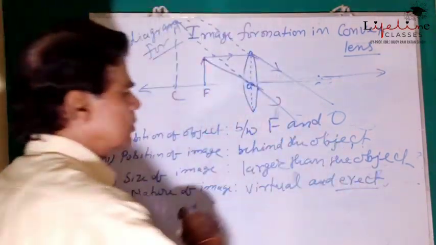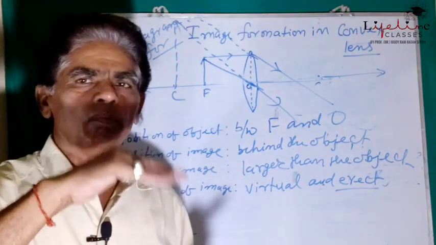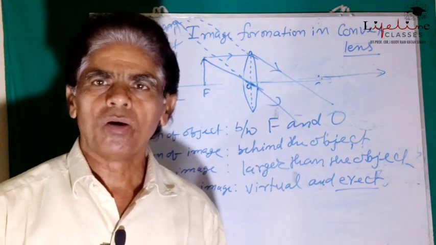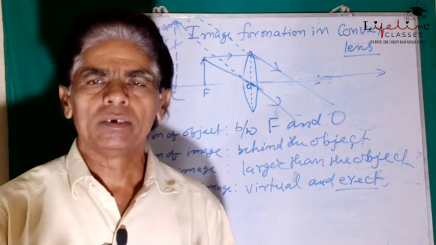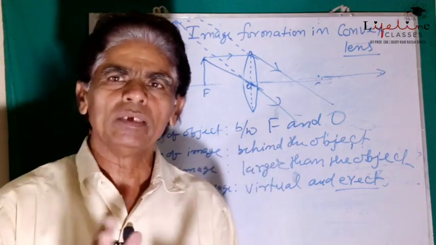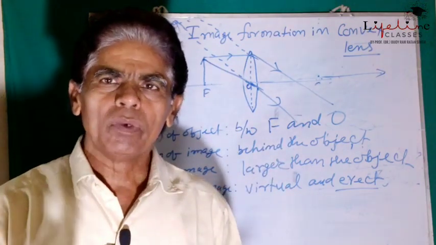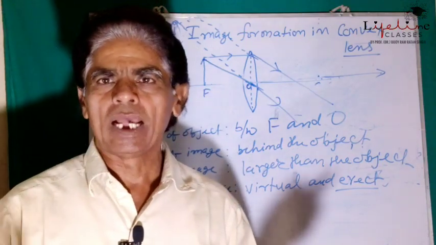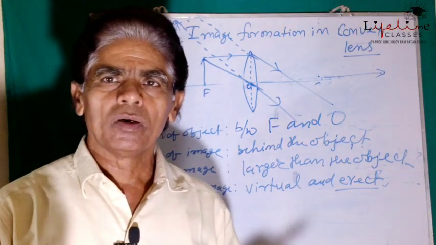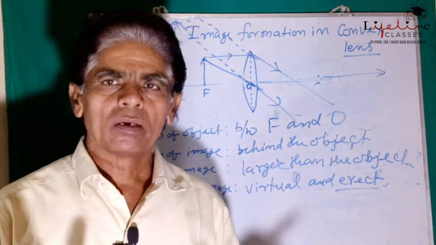Virtual and erect means whatever be the position of the object, upside up and downside down, this is called erect image. And whatever be the position of the object, the image will be observed in the same way. Just like when we observe our image in front of the plane mirror, in the same way.